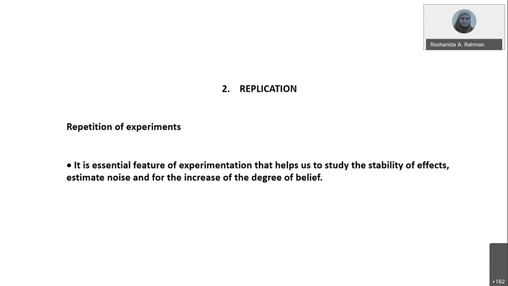For these 16 runs, you also need to randomize, both when you run your experiment and when you replicate it. And of course, at the end of each run, you have to do the analysis. So you triplicate your analysis for each run.